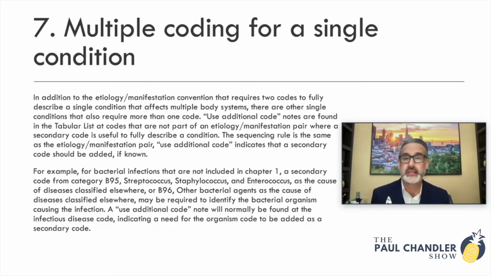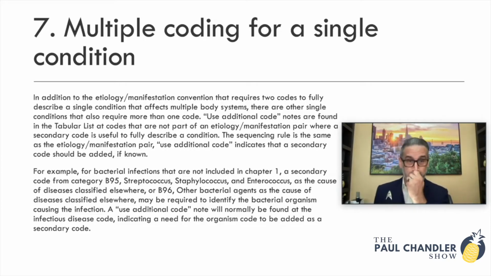The sequencing rule is the same as the etiology or manifestation pair, where "use additional code" indicates that a secondary code should be added if known. Sometimes we need 2 different codes to fully describe, as far as the coding process, one condition that the patient has.